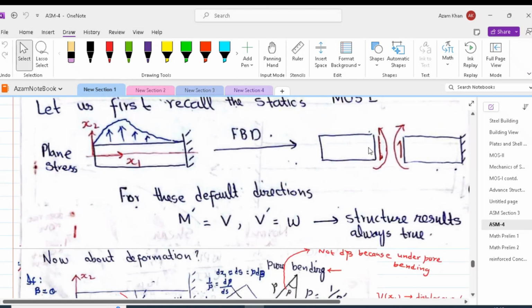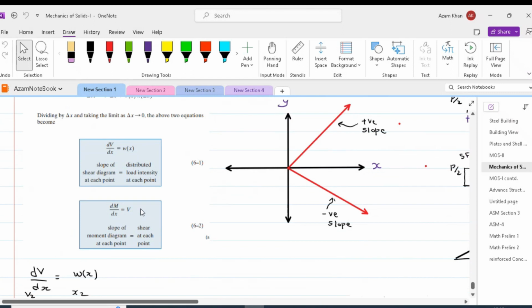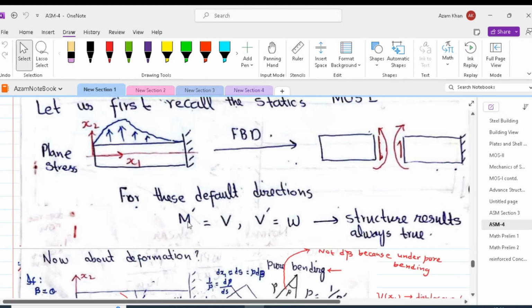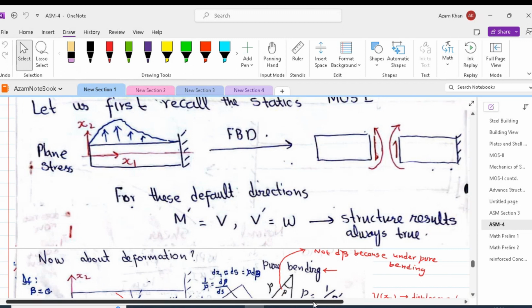Based on these directions, as we said, dV by dx is equal to the distributed load intensity, and the slope of the moment diagram at a point is equal to the shear at that point. We can write M dash, which is dM by dx1, is equal to shear, and the slope of the shear, dV by dx1, is equal to the load intensity at that point.